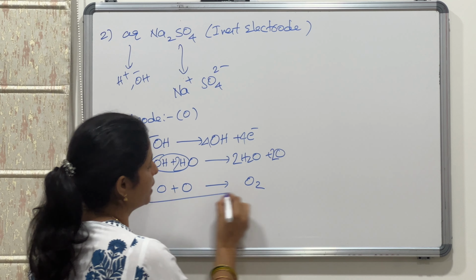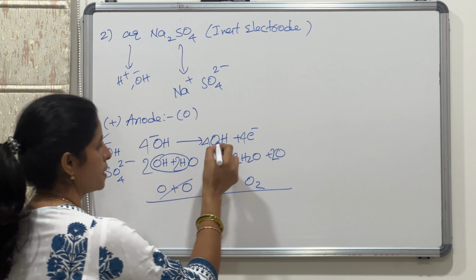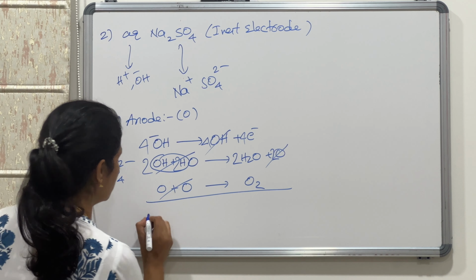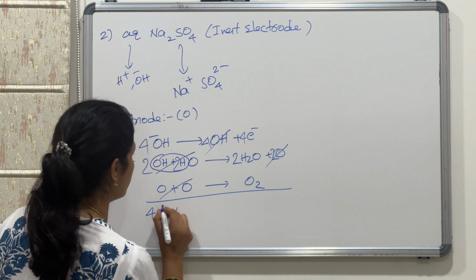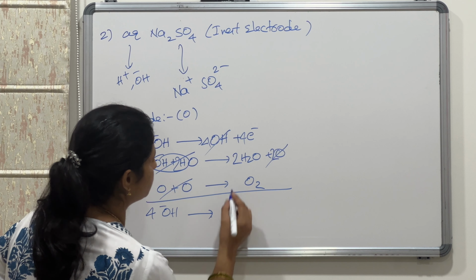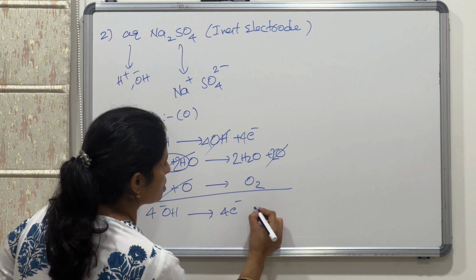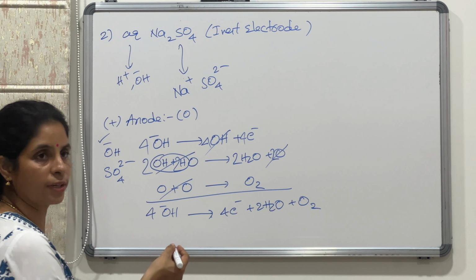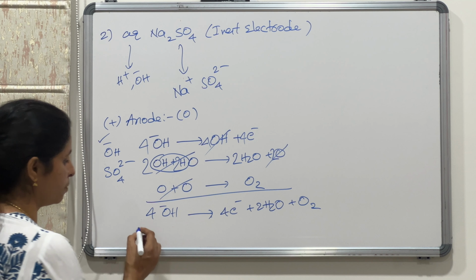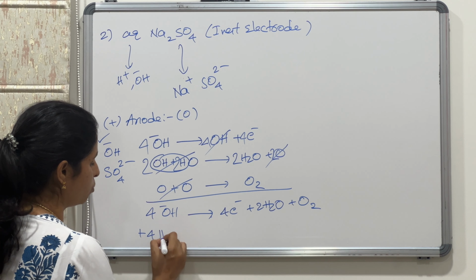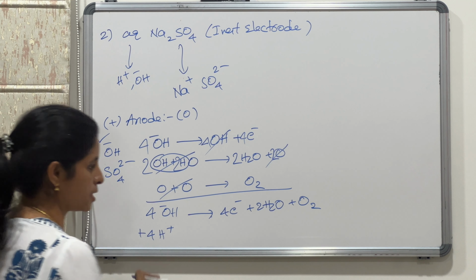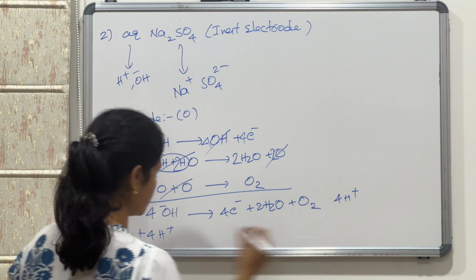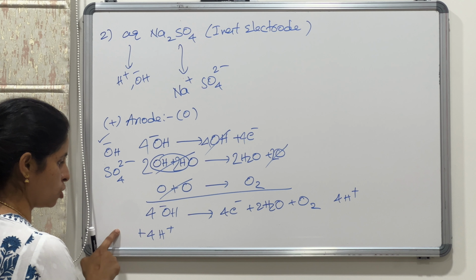So overall reaction, I told you, the same story. Cancel these two. So here 4 OH minus gives rise to 4 electrons plus 2H2O. You want to write this equation in an acidic medium. So here add 4H plus, 4 OH minus is there, no? So by adding 4H plus on both sides, this will become 4H2O.